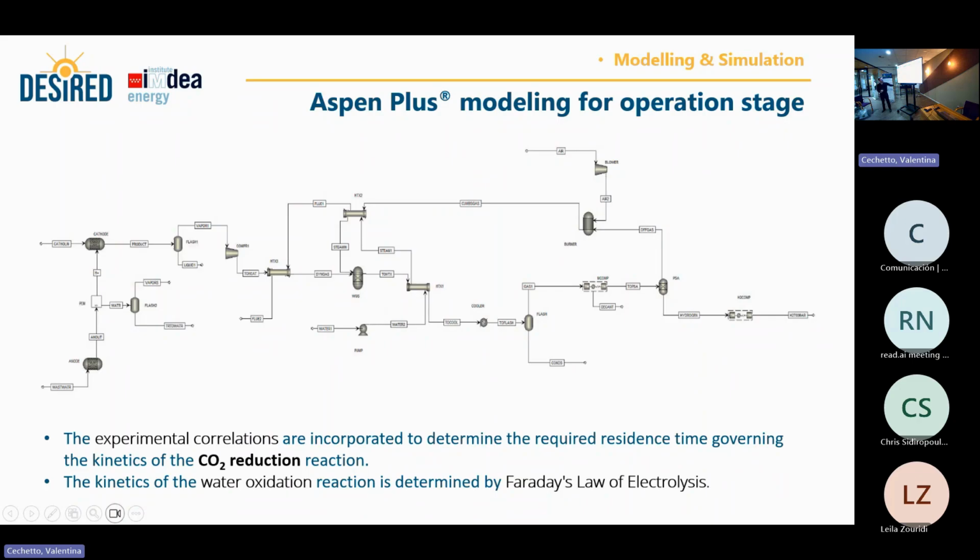Some off gases are used again for making heat to be used in the process. So this Aspen Plus simulation provides very critical information and data to evaluate the sustainability of our technology at large scale and in a continuous process.